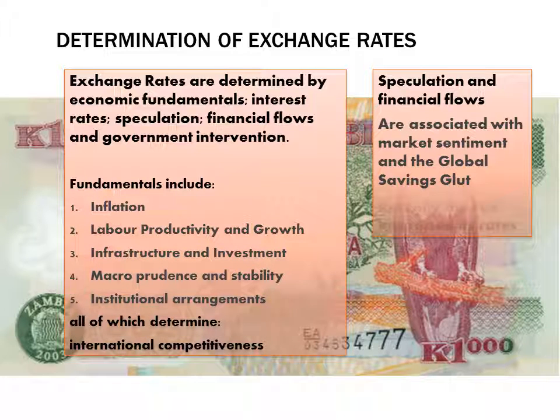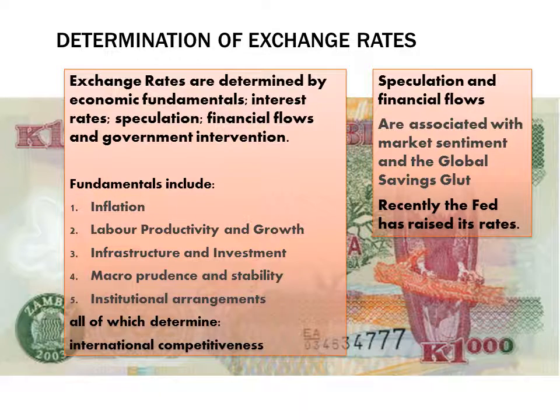And one of the medium to long term determinants of exchange rates has been this global savings glut. Poorer countries like China are having an enormous amount of savings that they use to buy American T-bills, which has kept the American currency from being weaker.